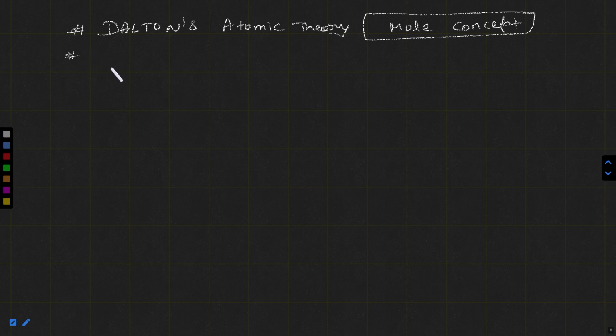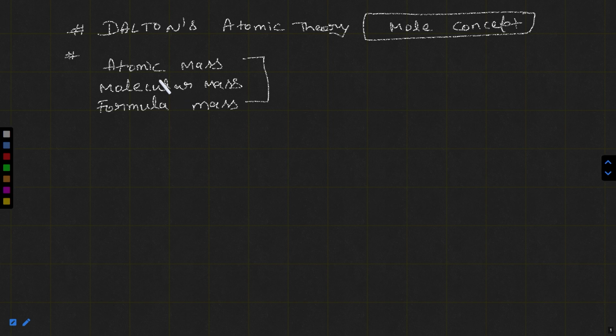Apart from this, we understood atomic mass, molecular mass, and formula unit mass, or simply formula mass.